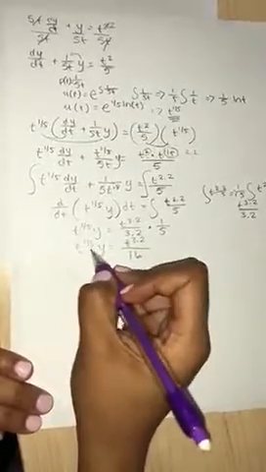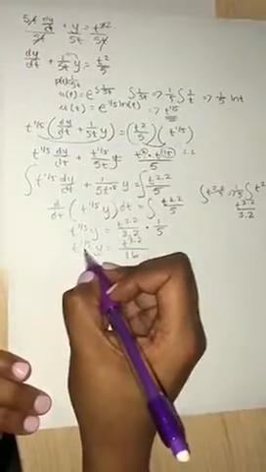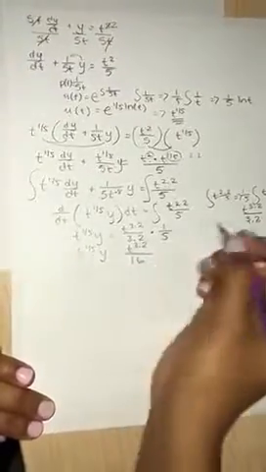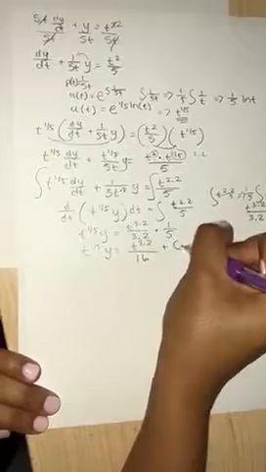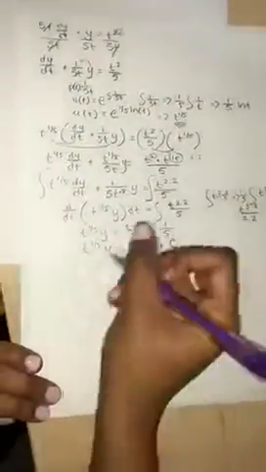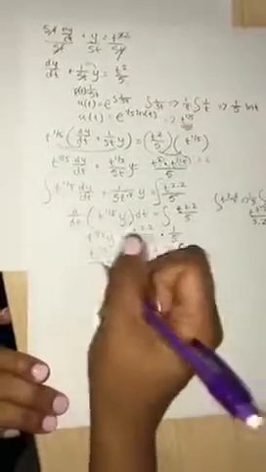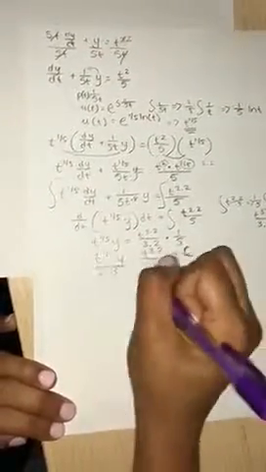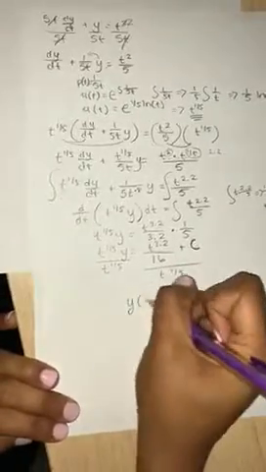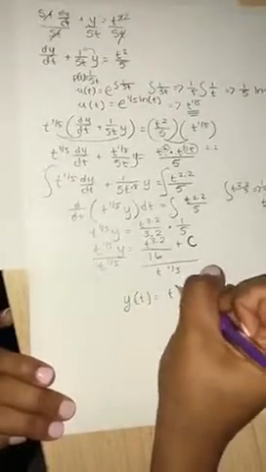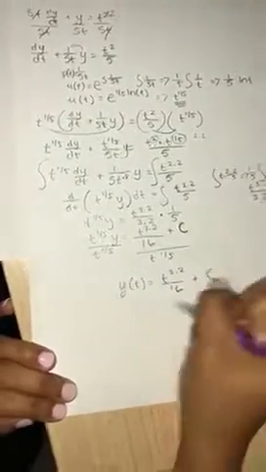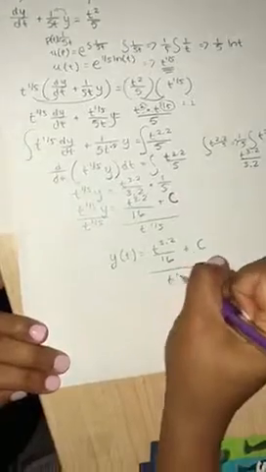Now we must isolate y by dividing by t to the power of 1 over 5. I'm sorry, I forgot the constant here on the right side. Always remember your constant. So we divide by t to the 1 over 5 on both sides, and we're left with y of t equals t to the 3.2 over 16 plus c over t to the 1 over 5.